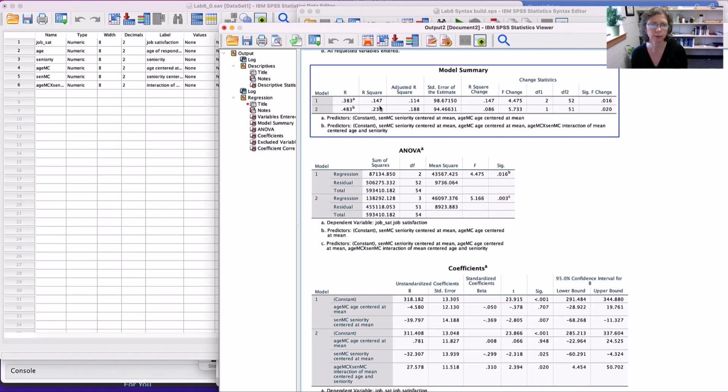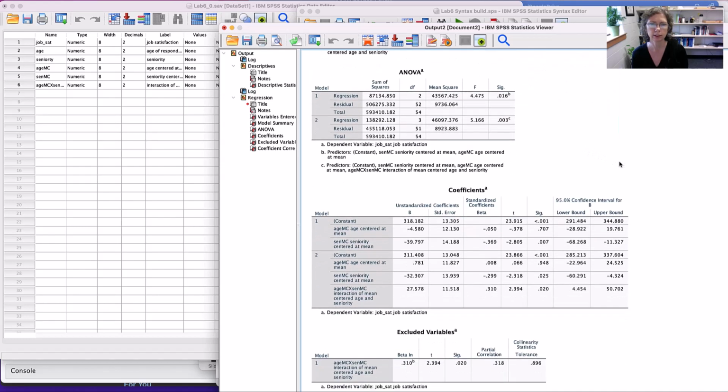But we needed to run model 1 just so that we could get the rest of this information here. It's still on the model 2 line, but it's saying the amount of change in R square that happened when that interaction term was included. And because it's a significant F change, partial F test, that means the interaction term itself was a significant contributor.